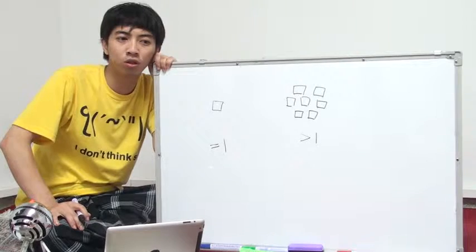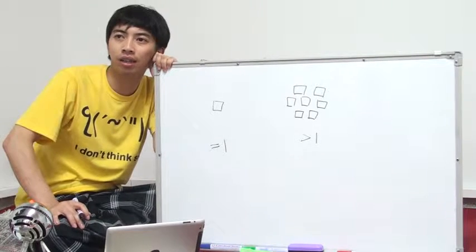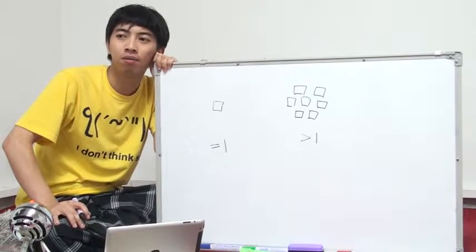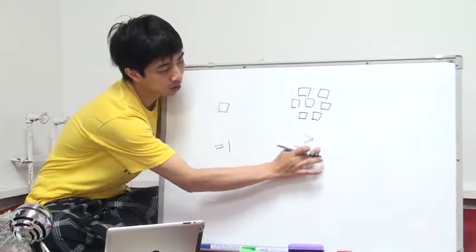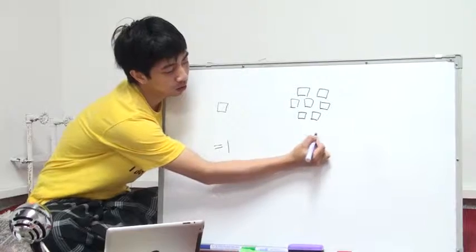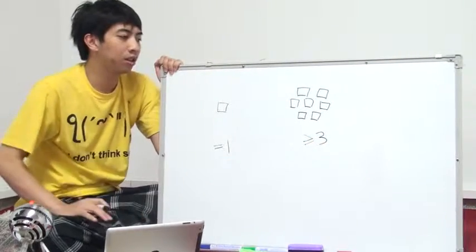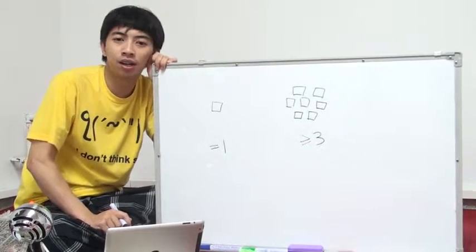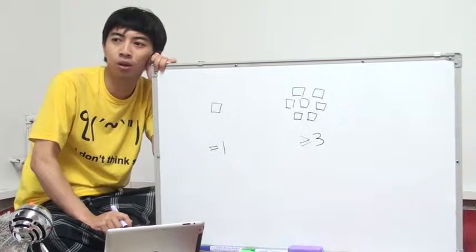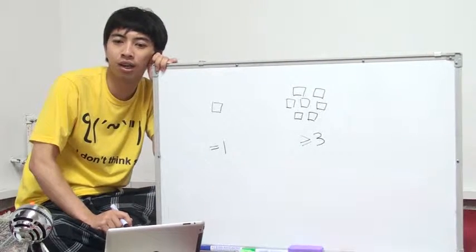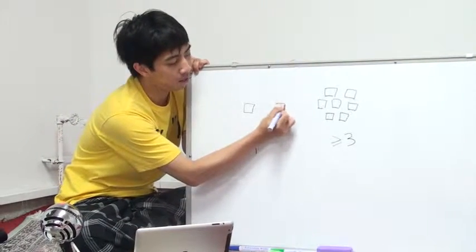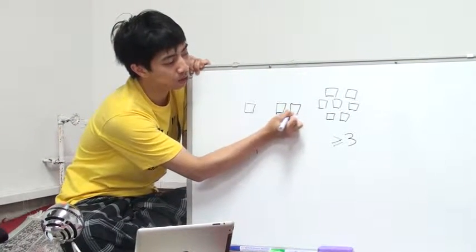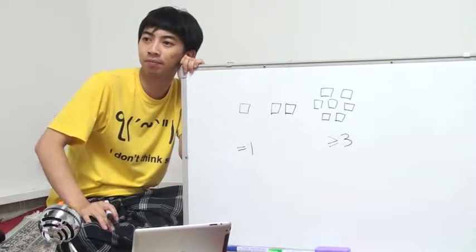So if we want to talk about plural, it must be three or above. If the things that we talk about is only two, we have another category called pair.